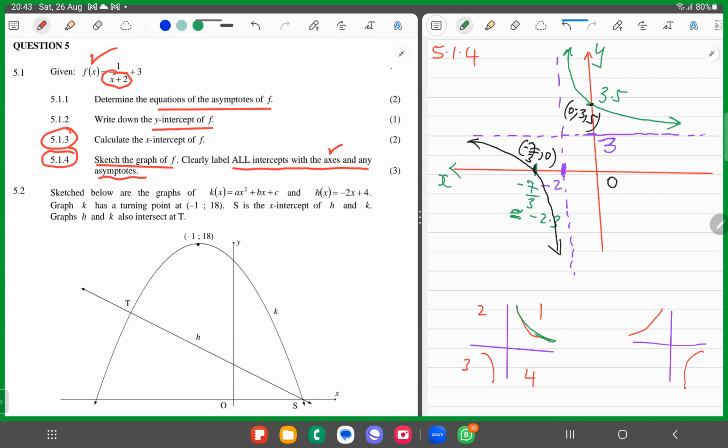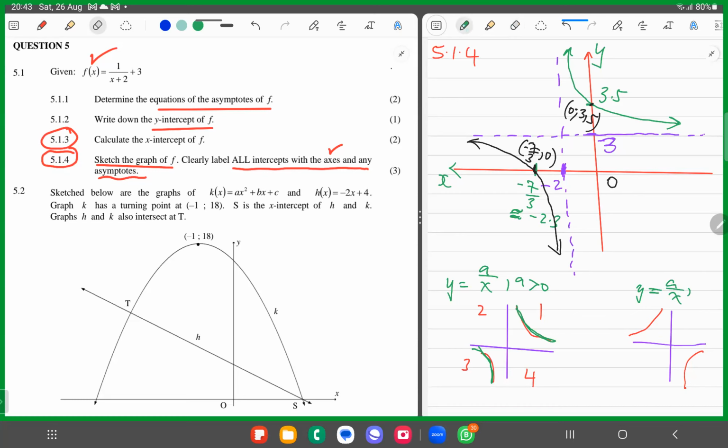Okay, right. So now there are a couple of things that are very important. The graph is like this one, y equals a over x, where a is positive. If the numerator is positive, then you have the graph like that. But also you have this case here, where y is a over x, where a is negative.